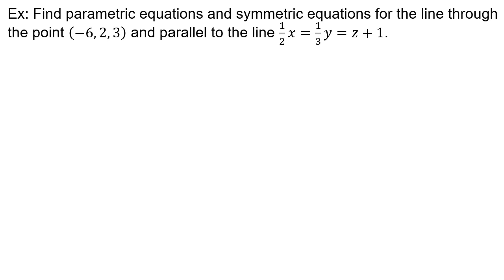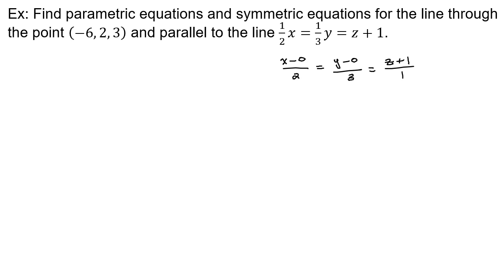If you notice the symmetric version here, there's nothing subtracted from the x and nothing subtracted from the y. Technically, this would be (x minus 0) over 2, and (y minus 0) over 3, and (z plus 1) over 1.